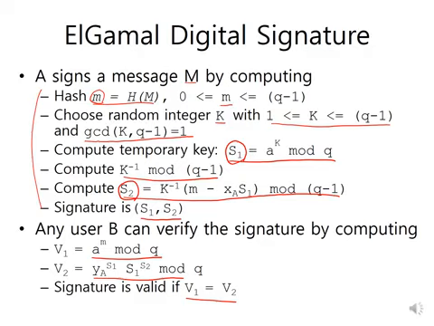If they are not equal to each other, the signature is invalid. So this is the signature verification procedure. And then let's demonstrate why the verification is working in the next slide.